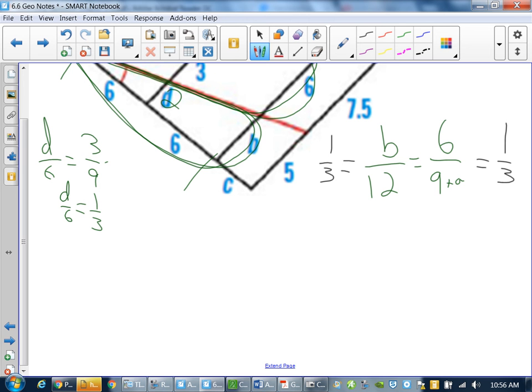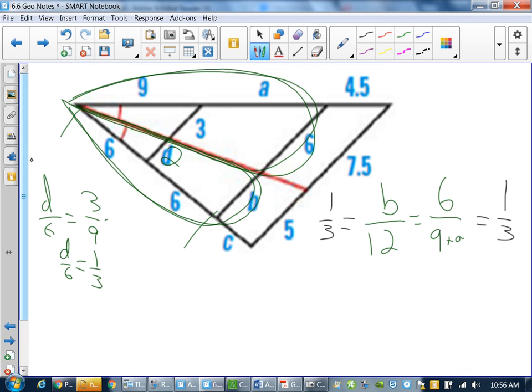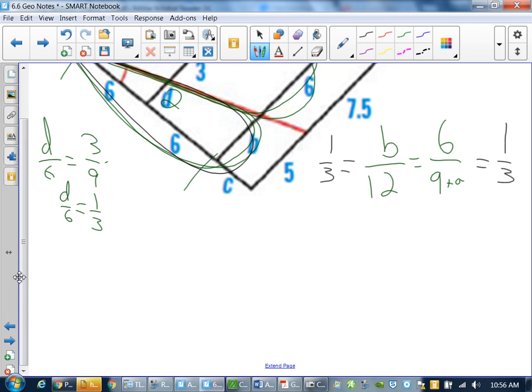Excuse me. What's the B over 12? B over 12, yeah, because it was the B over 12 on that side. B and then 6 and 6 was 12. That's what I said. So if you cross multiply that here, what's 3B is 12? What's B?